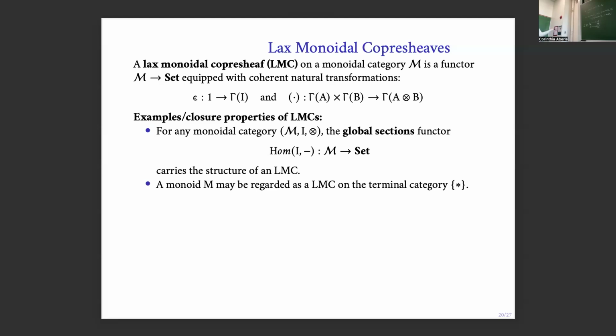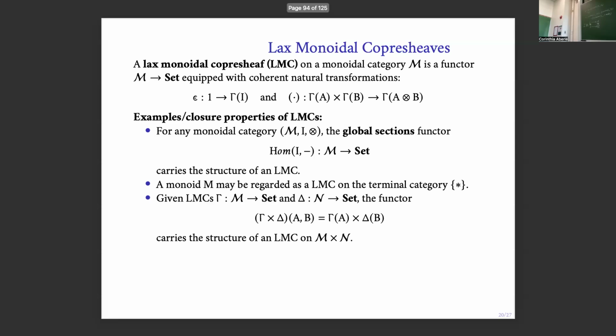And the coherences for a lax monoidal functor just reduce to associativity and unitality in this case. And then also, given any two lax monoidal functors, gamma and delta like this, the functor on the product of M and N, where we just take the product in set of gamma of A and delta of B, also carries the structure of a lax monoidal functor on the product of M and N.